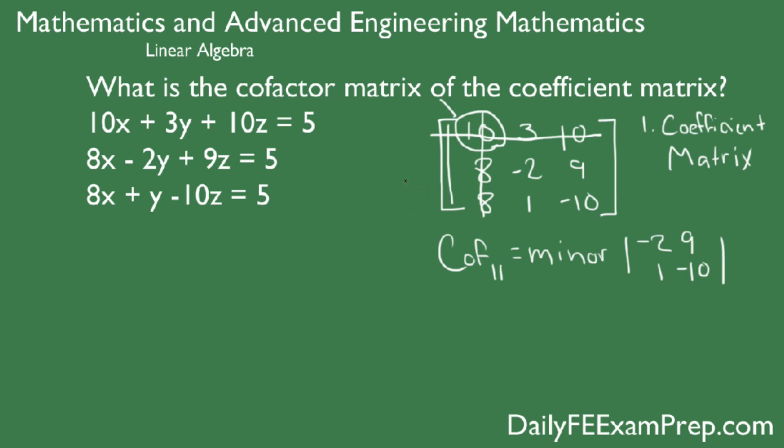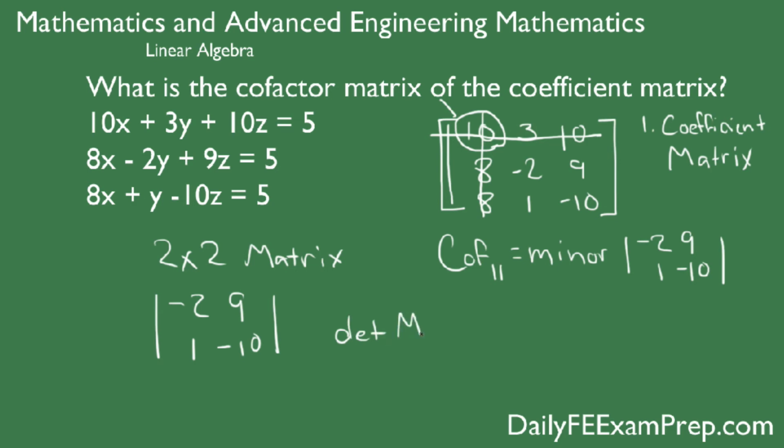So what we're going to need to do is identify in the calculator that it's a 2 by 2 matrix, and then input the 4 values. We input the -2, 9, 1, and -10, and then have it spit out the determinant.